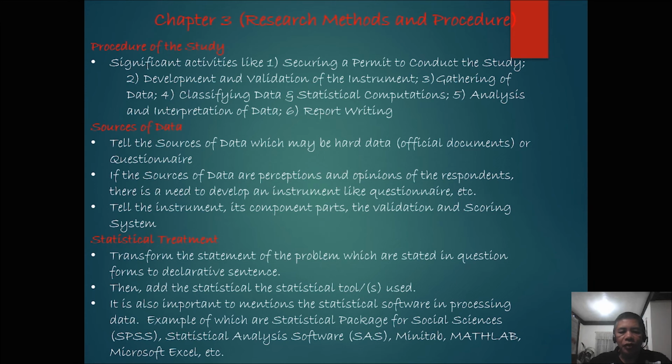It is also important to mention the statistical software used in processing data. Examples of which are Statistical Package for the Social Sciences (SPSS), Statistical Analysis Software, Minitab, MATLAB, and Microsoft Excel.